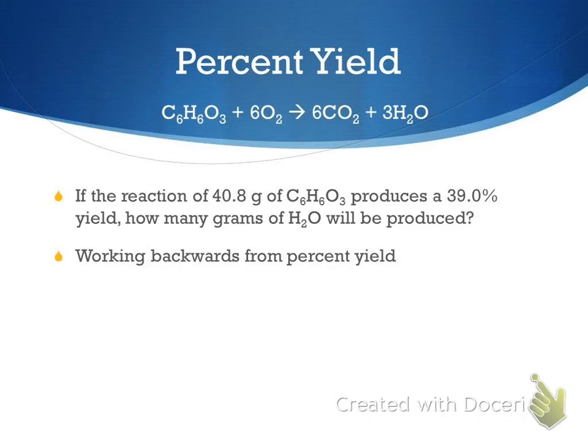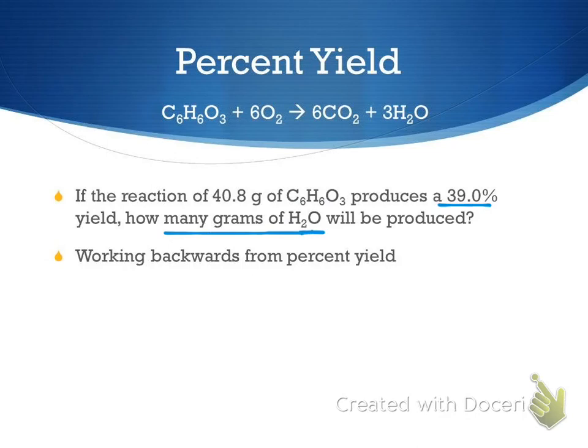Right now it tells us our percent yield of what compound? It tells us the percent yield of water, because it says it produces a 39% yield. How many grams of H2O will be produced?